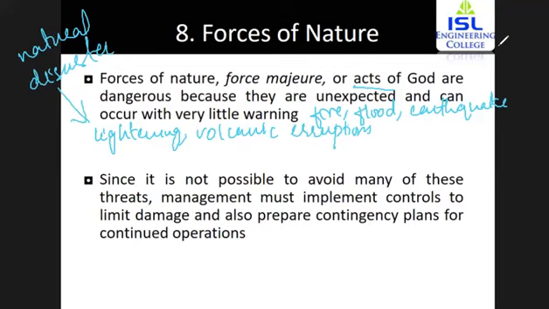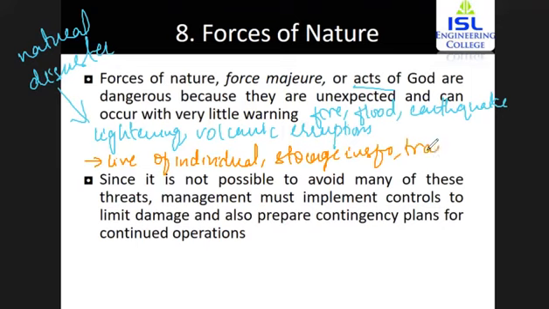Now these threats, that is any type of natural disaster, are not only going to disrupt the life of an individual, but also the storage of information, and how you're transmitting the data, everything will be compromised.